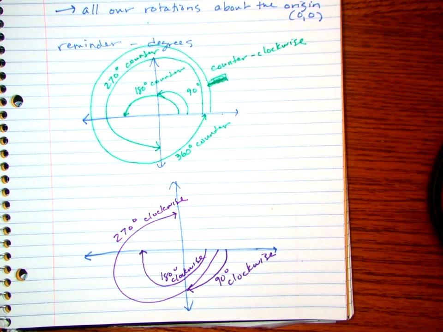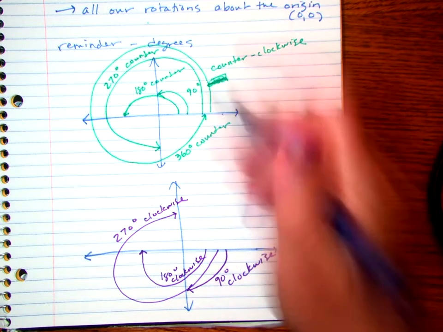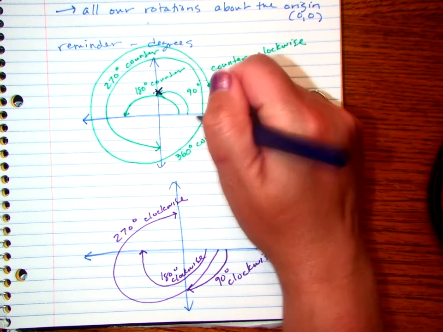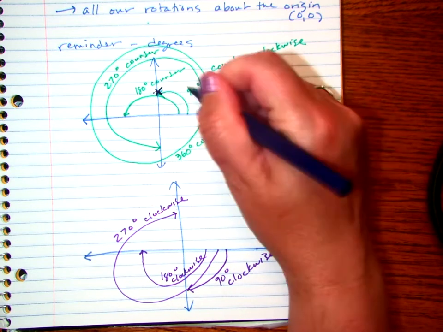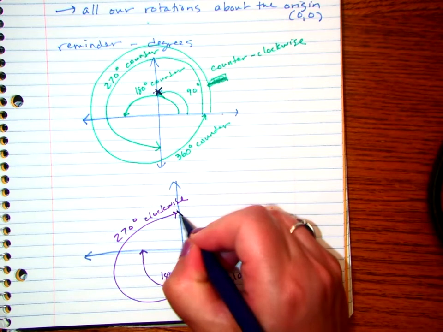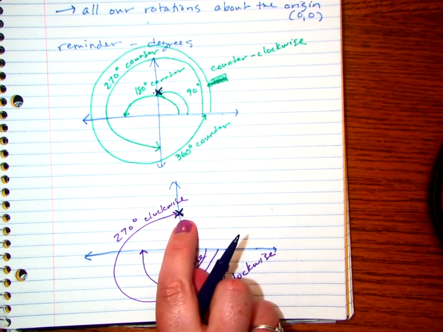Now, what you might notice is that this spot here, the 90 degrees counter, which if we started in the positive X direction had you at the positive Y direction, is the same as where you are for 270 clockwise.